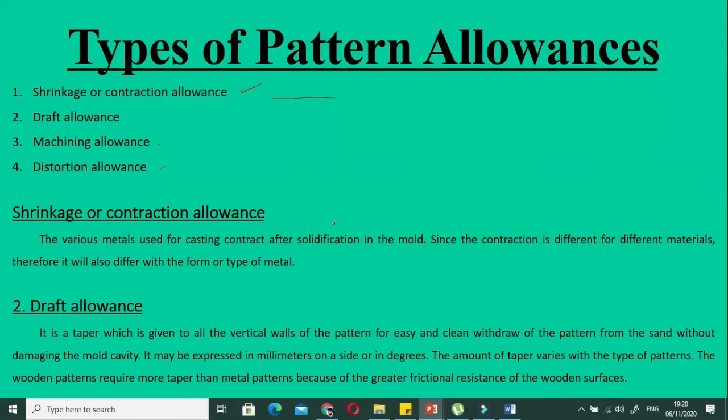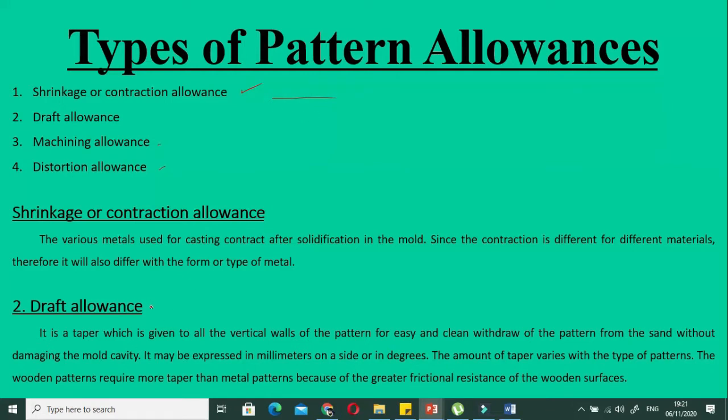We have calculated this also. The contraction differs from material to material, so while designing the pattern, we will take into account the material properties before designing the allowance for the particular pattern.